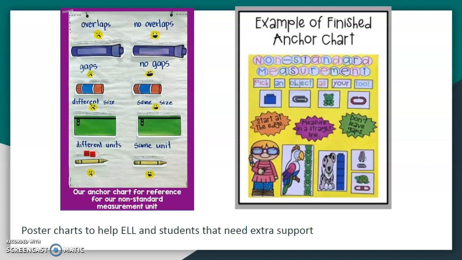They can go down the checklist and make sure that they're doing it the right way. It's very helpful for students to have that visualization for extra support.